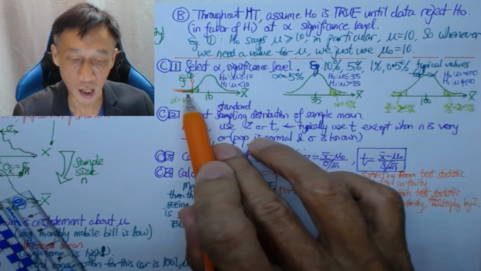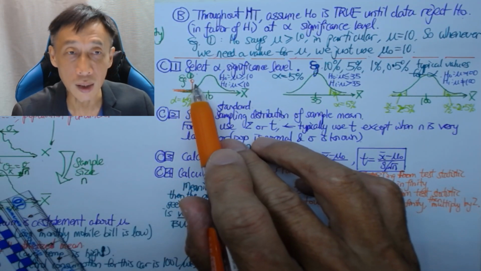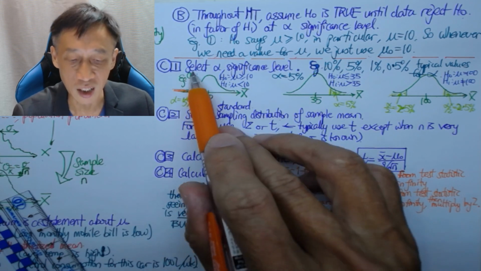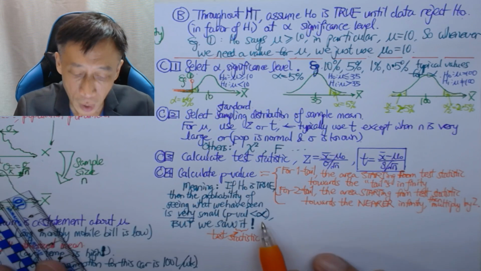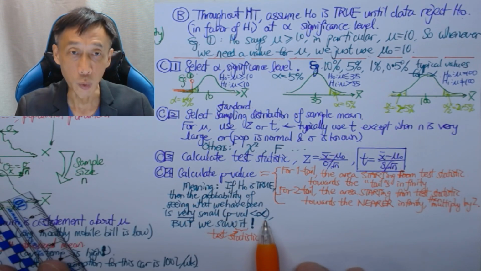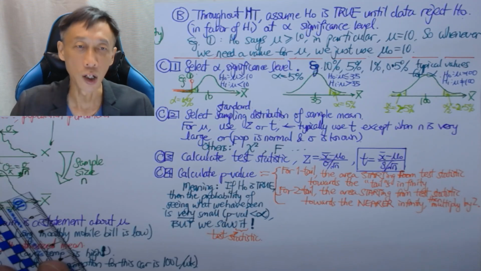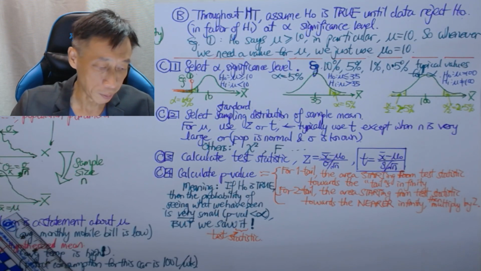That means shift it to the left. If you shift the whole curve to the left, then you say, no wonder our test statistic is always centered in the middle. That's the reason why. So whenever p-value is lower than alpha, we will reject H0. That is going to be true all the time.